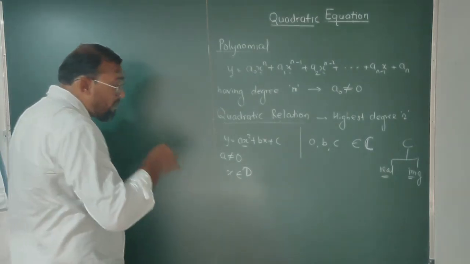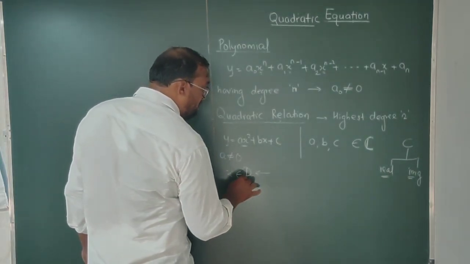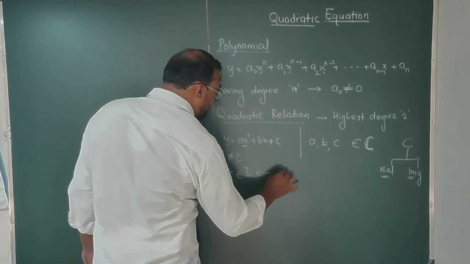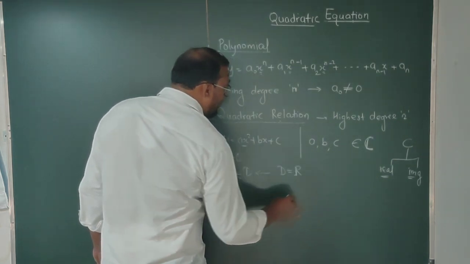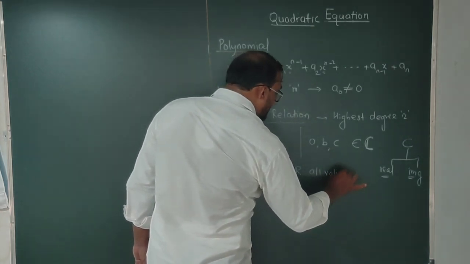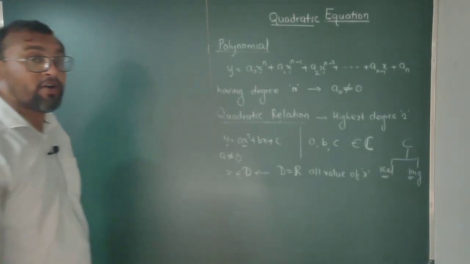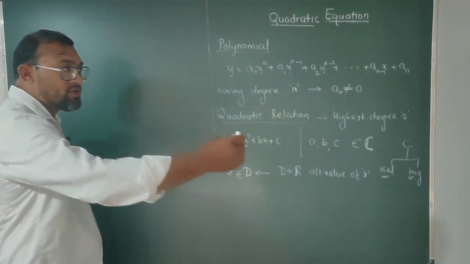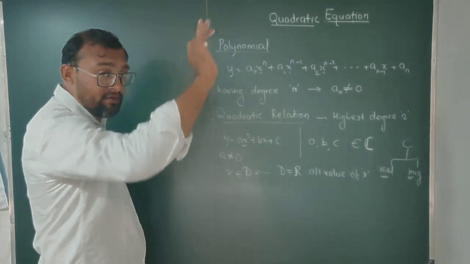Now when we take a value of x from the domain, usually the domain is defined as real numbers, that is, for all values of x in real numbers. Why? Because when we plot the graph, we usually take the x-axis as a real axis and y as the imaginary axis if we need it.